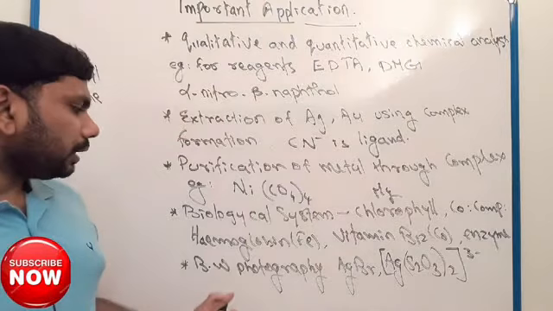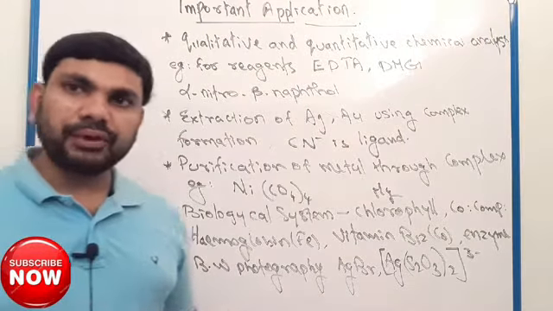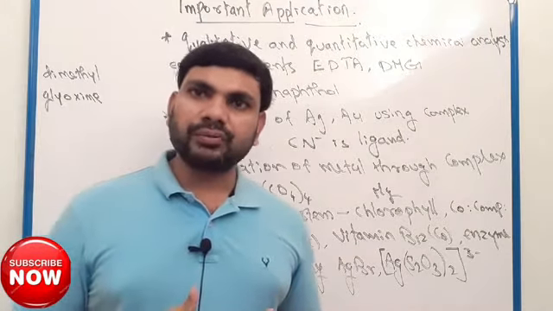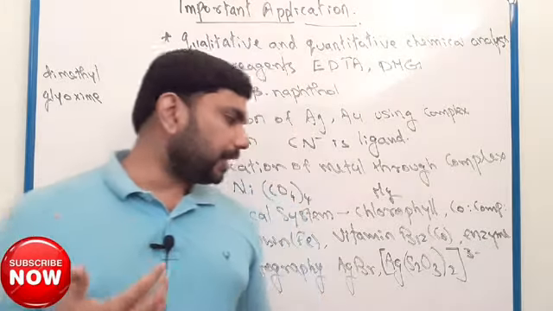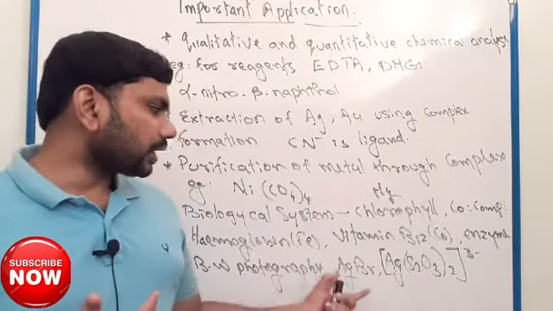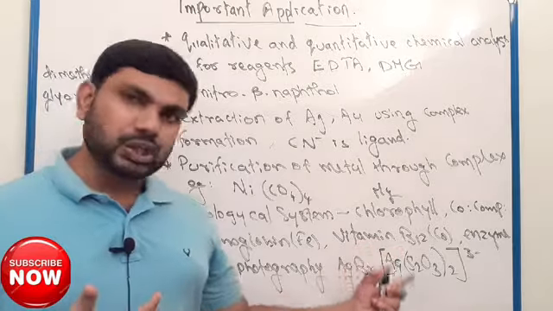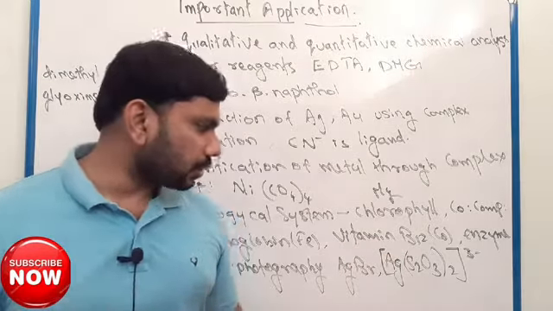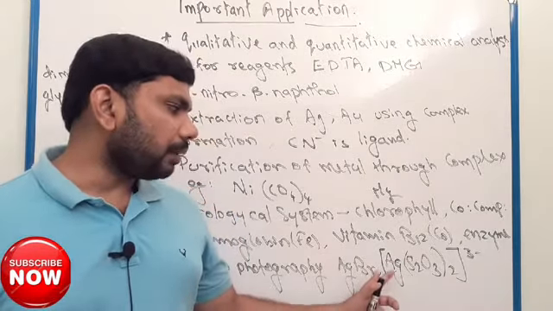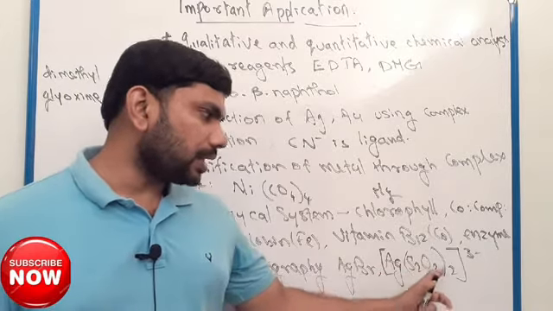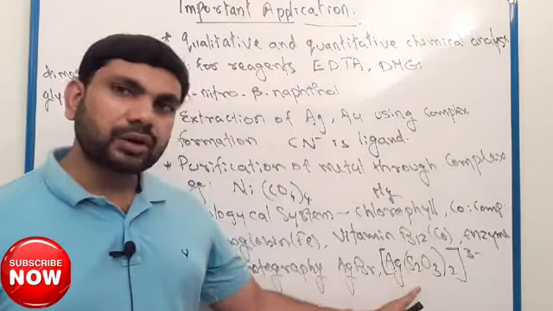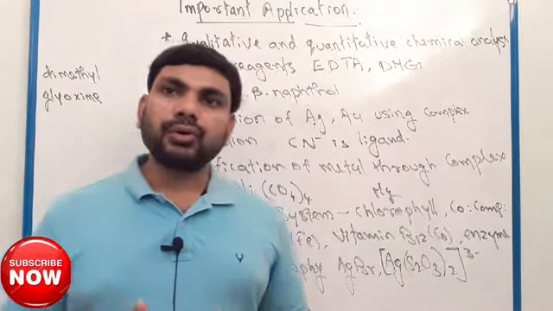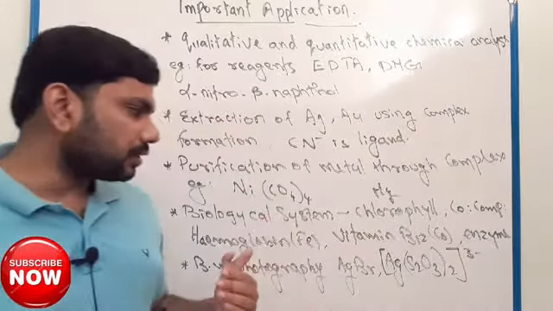Clear? Also in black and white photography, silver bromide combines with S2O3 and forms a coordination compound, Ag(S2O3)2 3-. This is the coordination compound formed during black and white photography.